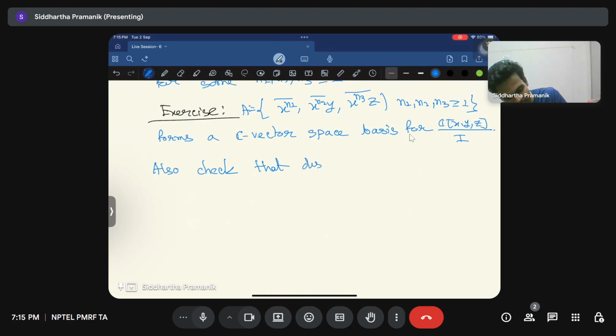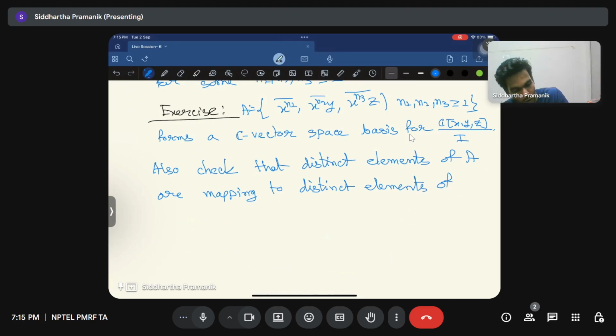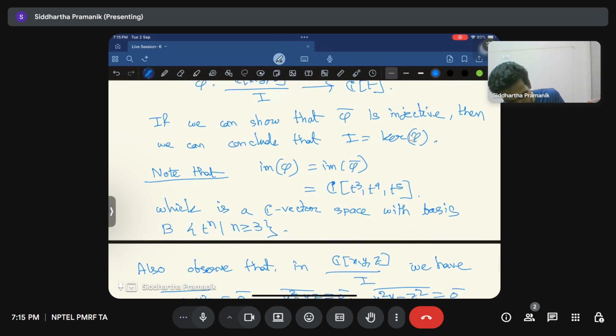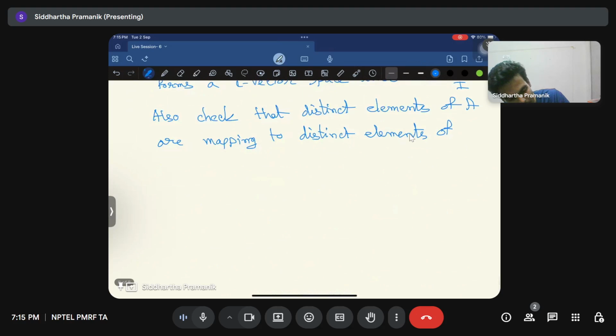Also check that distinct elements of A are mapping to distinct elements of, let's take this set as B. So this is also an exercise. So hence phi bar is injective.